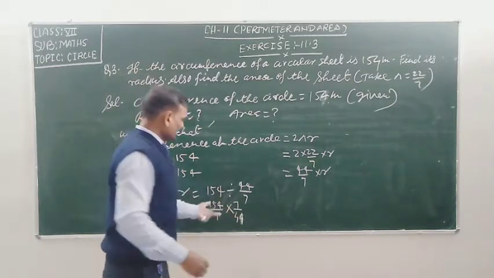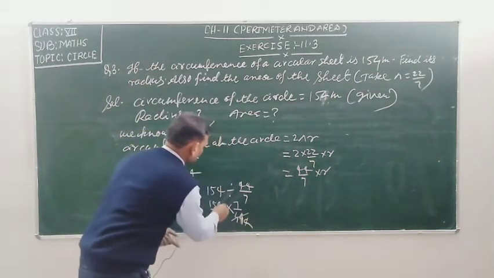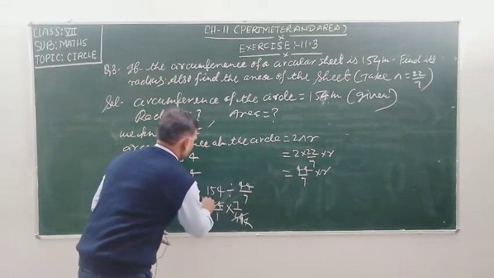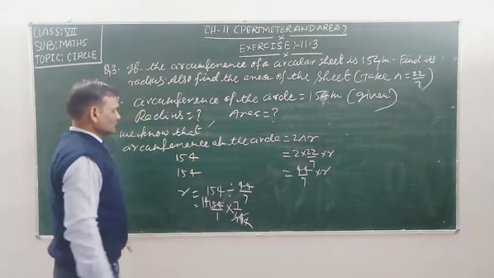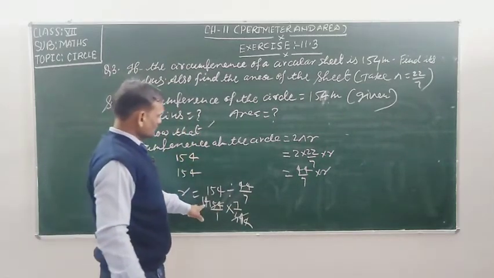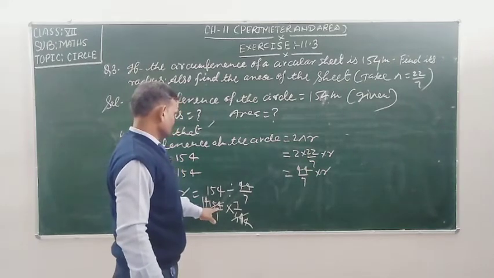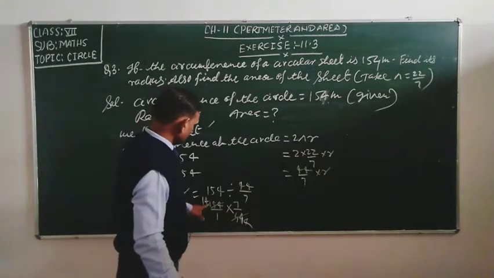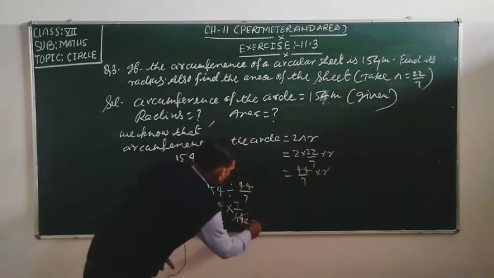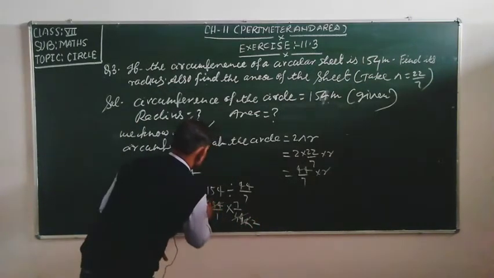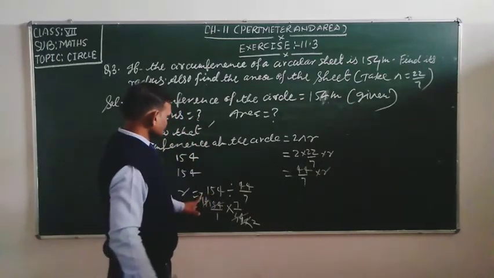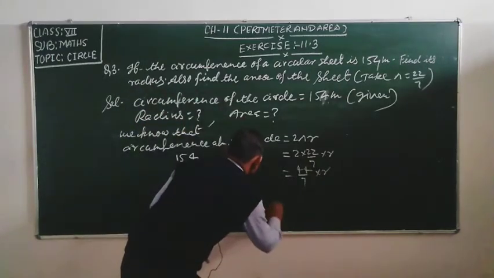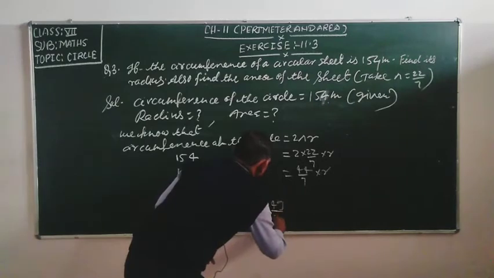By 11 we can divide. 11 fours are 44 and 11 fourteens are 154. Now we can divide by 2. 2 twos are 4 and 2 sevens are 14. That is 7 into 7 is equal to 49 upon 2.